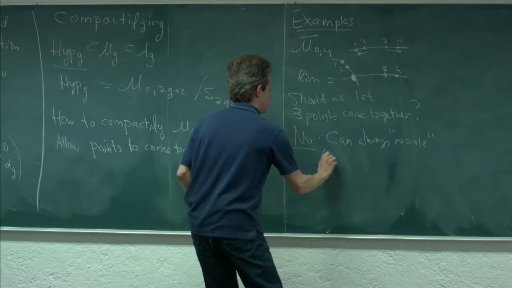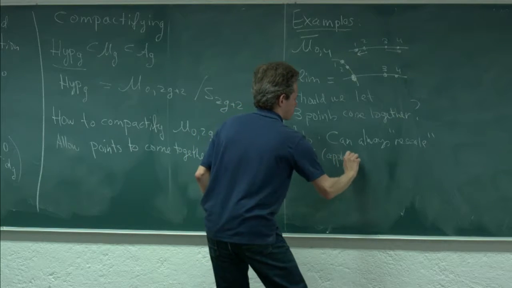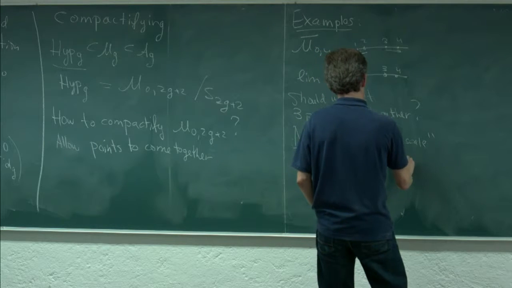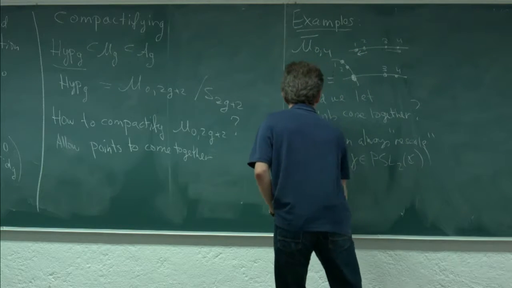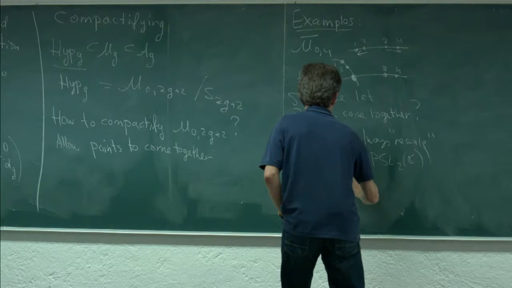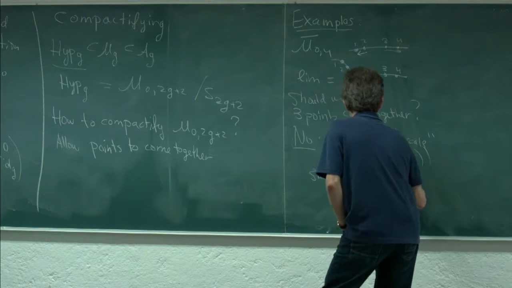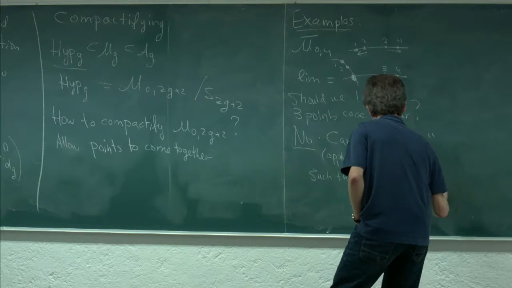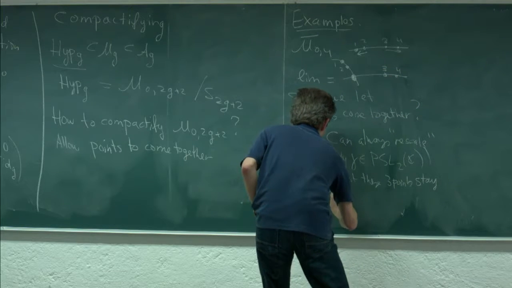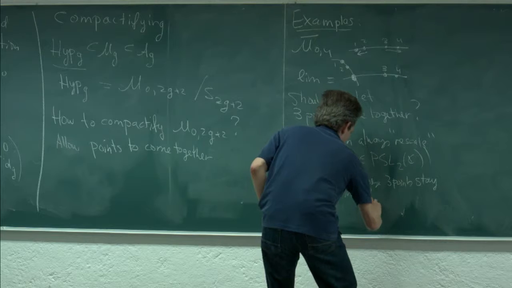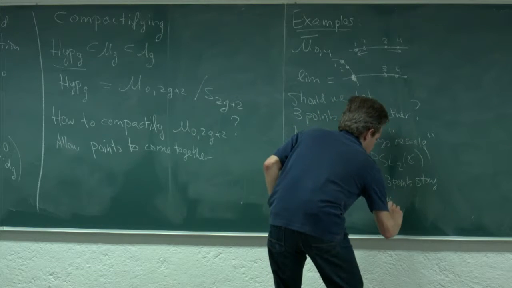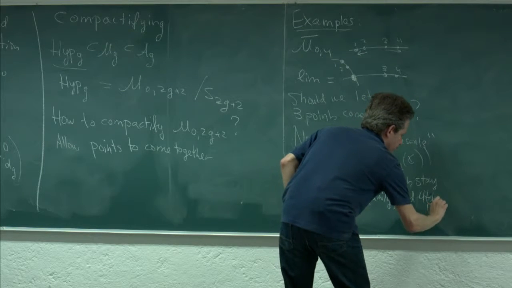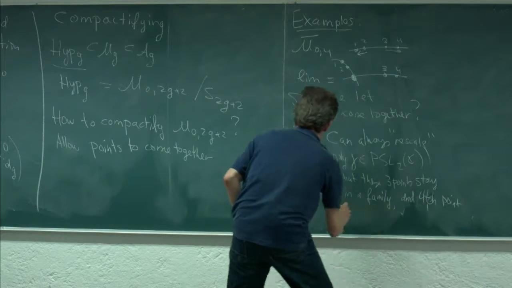By rescale, I mean apply gamma in PSL_2(C) such that these 3 points stay fixed in a family and the 4th point does not approach them.